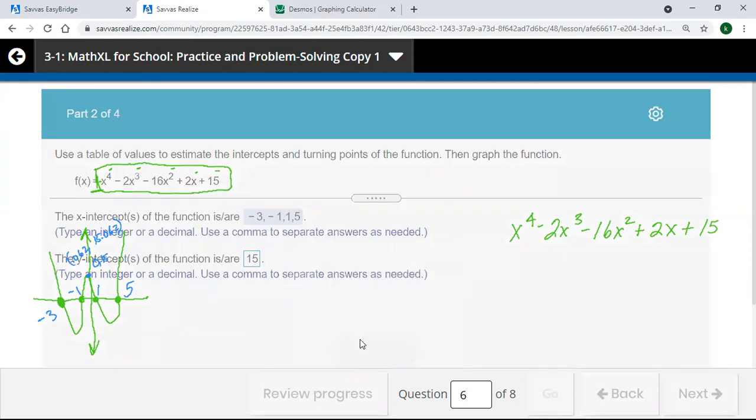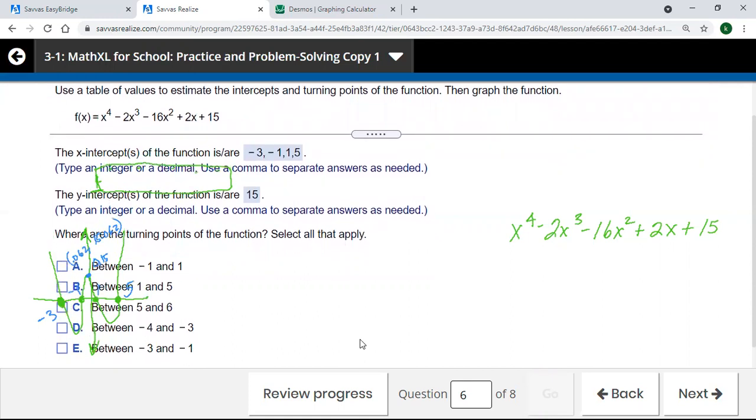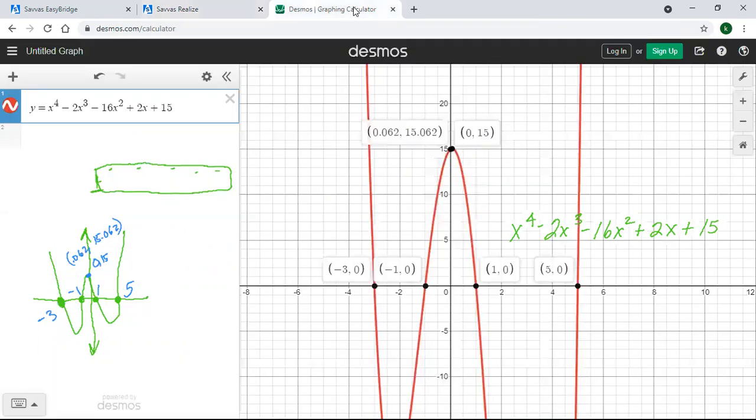And then lastly, they're asking where do the turning points happen? So if I go back to Desmos, maybe it would be easier actually. A turning point on this graph is like this bump up here. And the x value was between 0 and 1 where that happened.